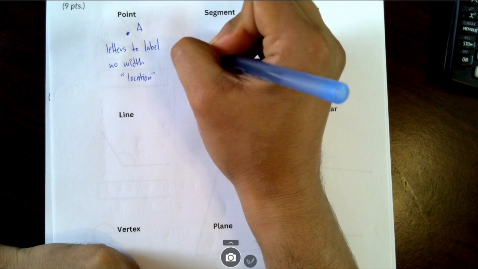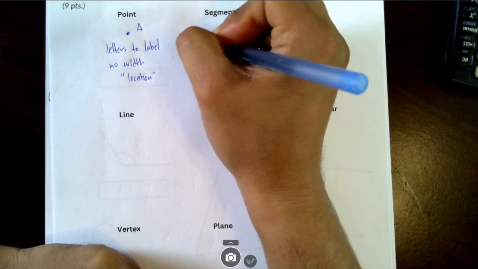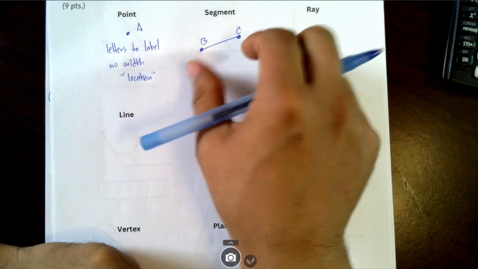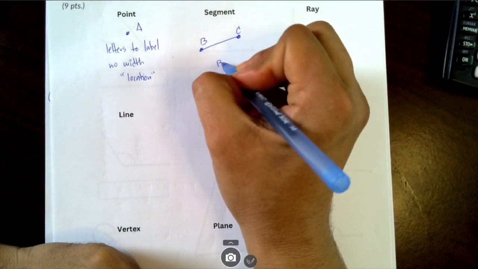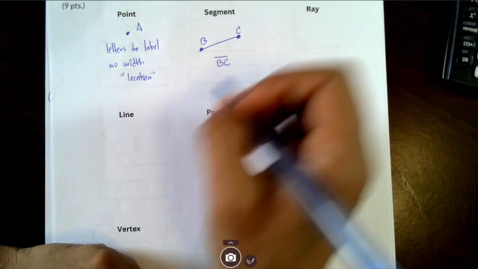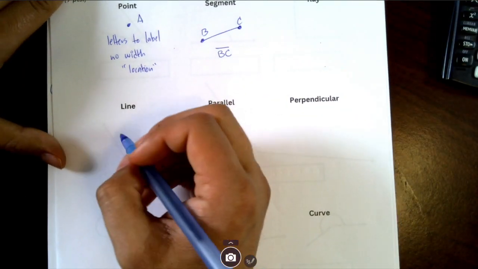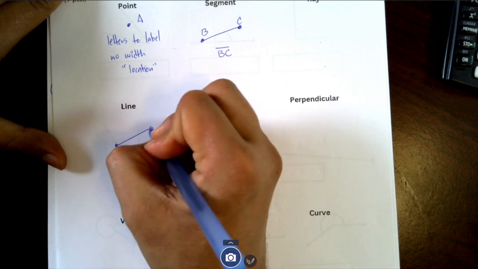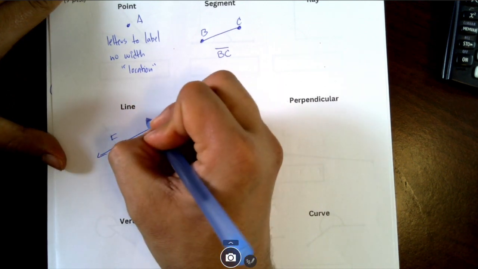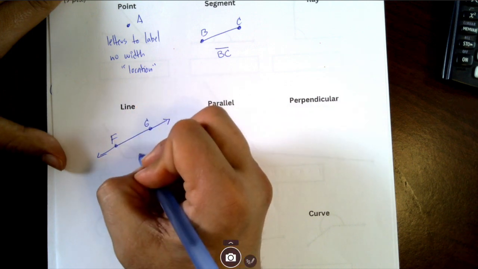A segment is what most people think of as a line, but a segment is not a line, it's like a piece of a line. This is how we denote segments. A line, if I jump over here, goes on forever in both directions, and it's denoted like this.